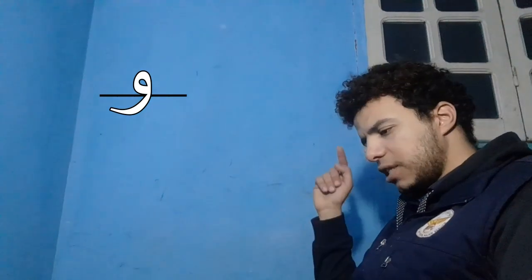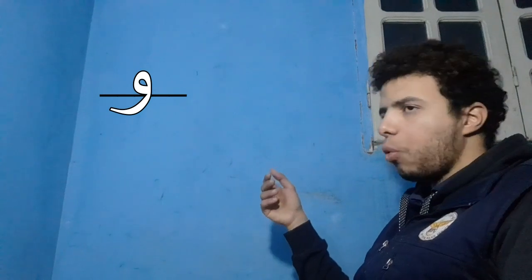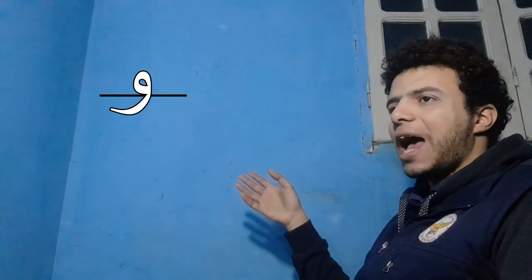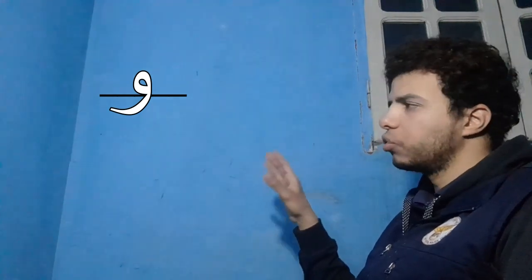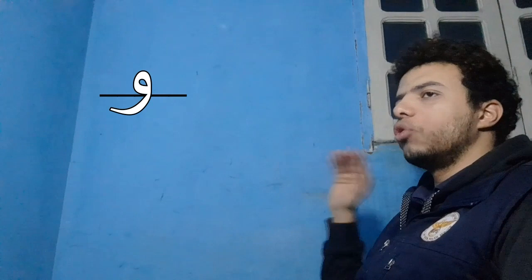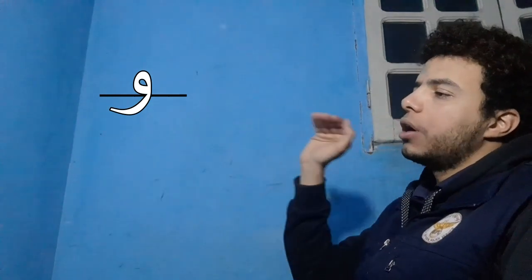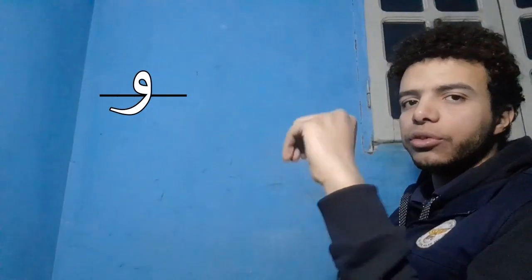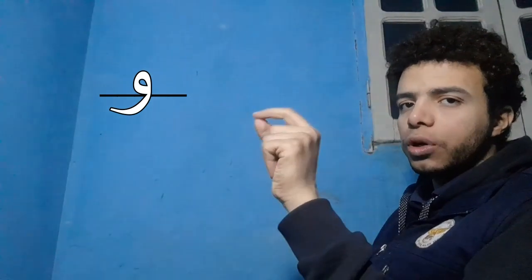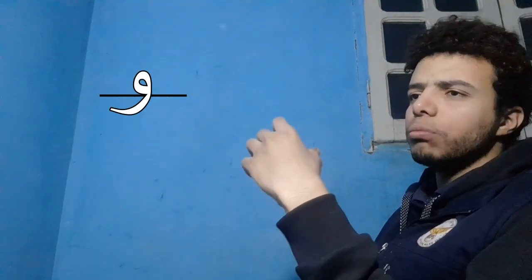But anyway, it's the wa sound in watch, it's the vowel in hour. This is always going to be the letter that we use for that sound, because we don't have any other letters in the Arabic language to symbolize that sound, that vocal move of going like O.